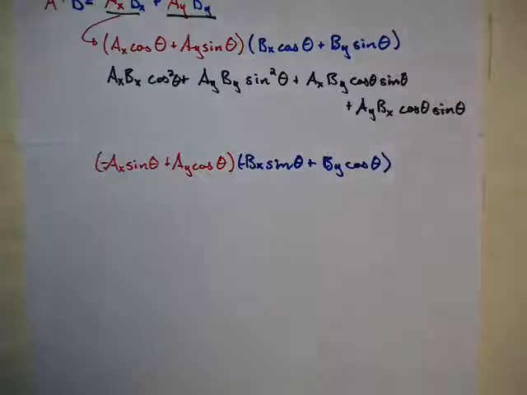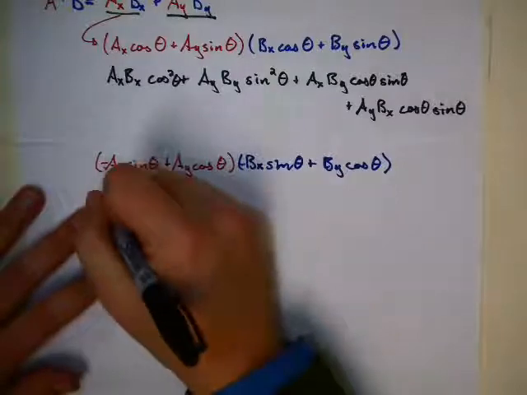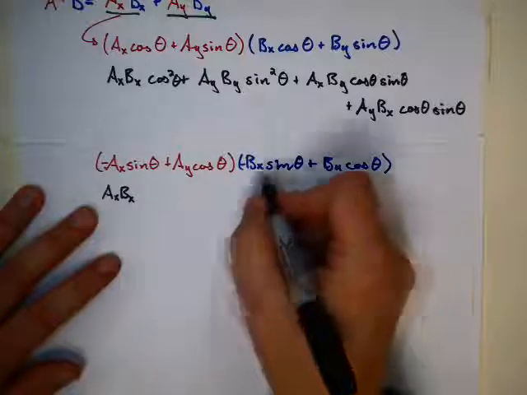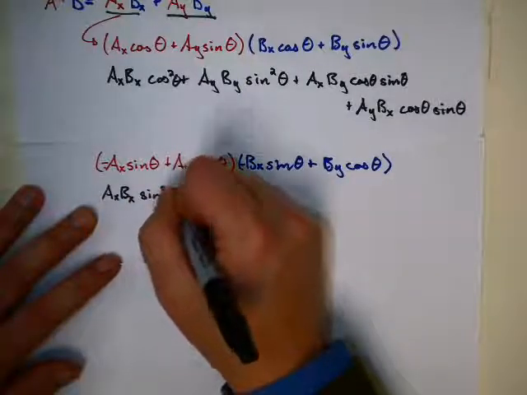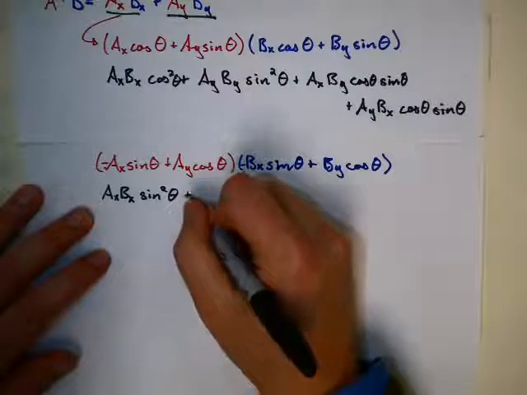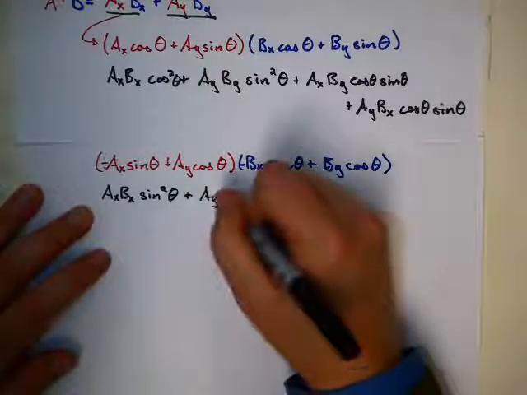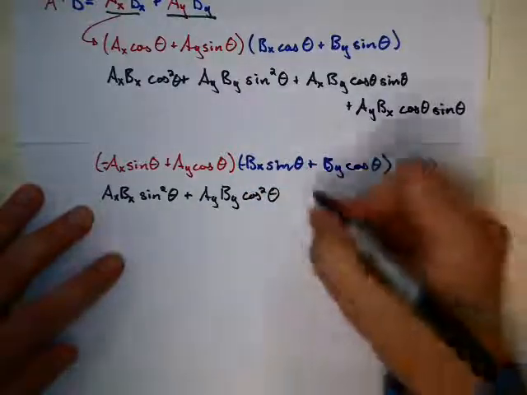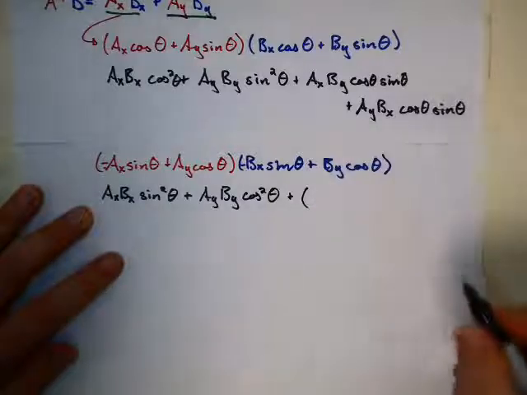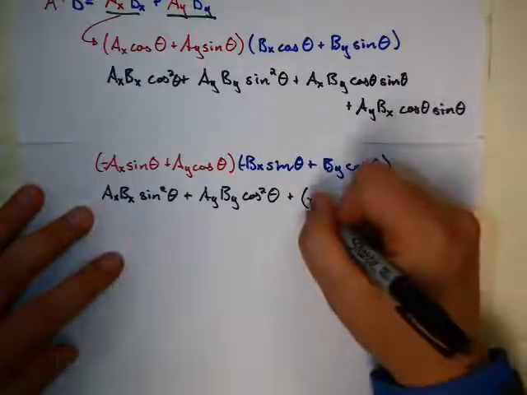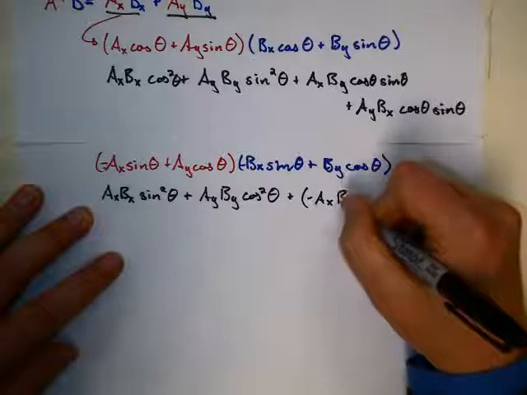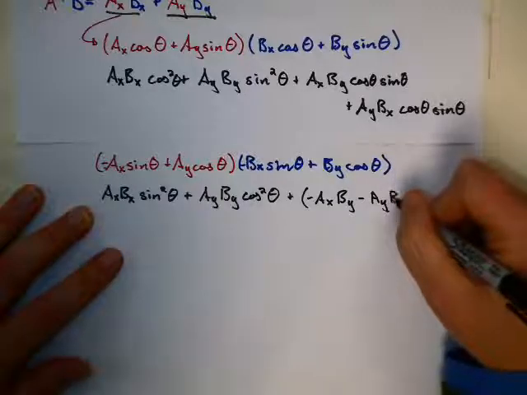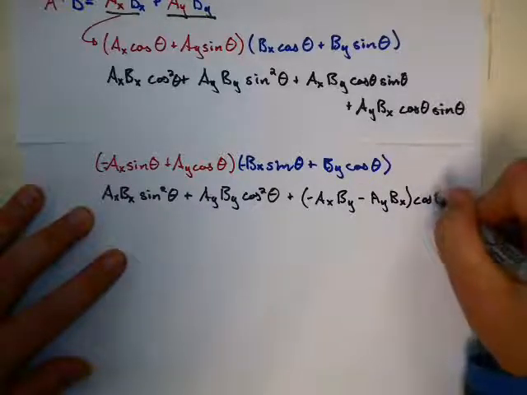Then when I do the FOIL on these two, I'm going to get, again, an AX BX, but this time two minuses make a plus, and I get a sine squared. The final terms, AY BY cosine squared. And then, using a little bit of foreknowledge this time, I'm going to get a minus AX BY minus AY BX cosine sine.